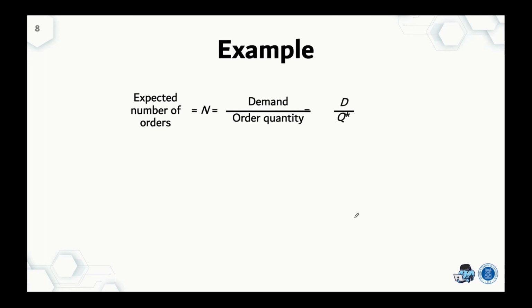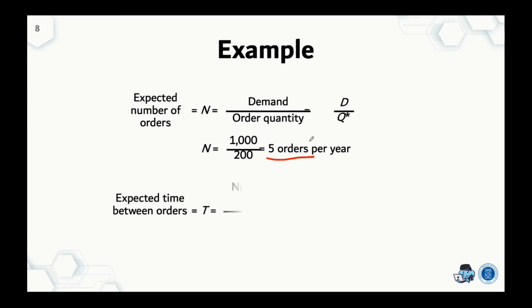What is the expected number of orders? In this case, we can calculate it simply by dividing the demand by the order quantity, which is 1000 divided by 200. It means within a year, we have to make 5 orders.